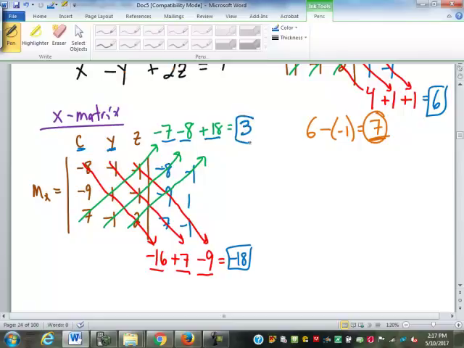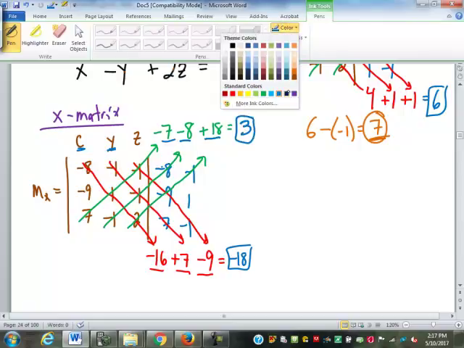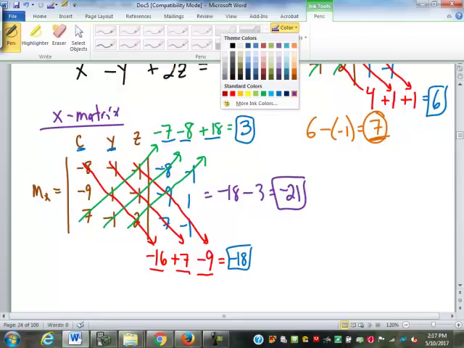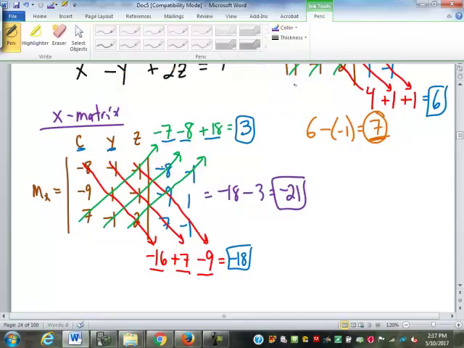Perfect. So now I have here negative 18 minus 3 is negative 21. Perfect. Now it's time to go on to the Y matrix.